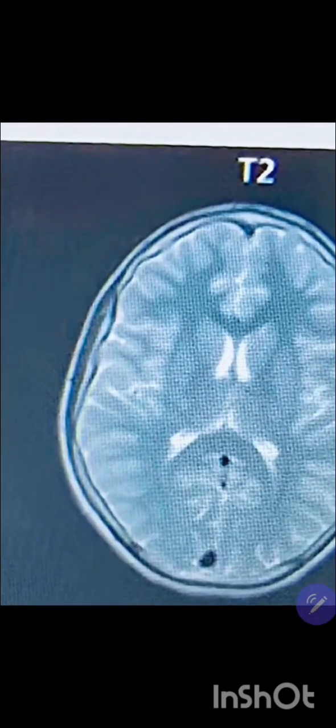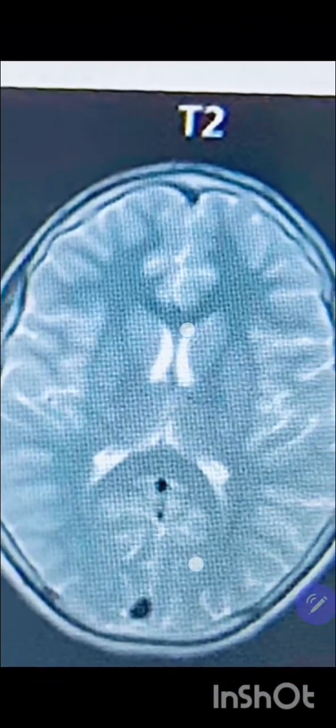in the case of T2, the timing of the radio frequency is again different, and this is the T2 weighted imaging. In this case, we can see again the lateral ventricle, and inside it the fluid, which is CSF, the water part, is white in appearance, but in T1 it is blackish because of the difference in the timing of the radio frequency pulses.